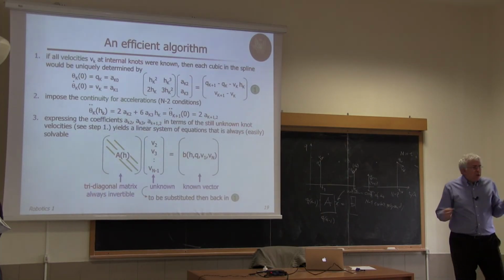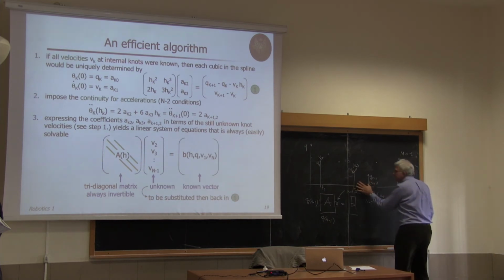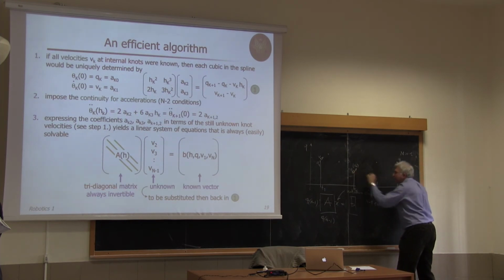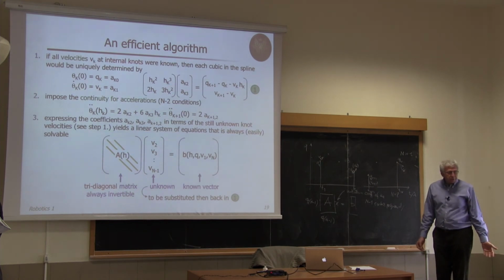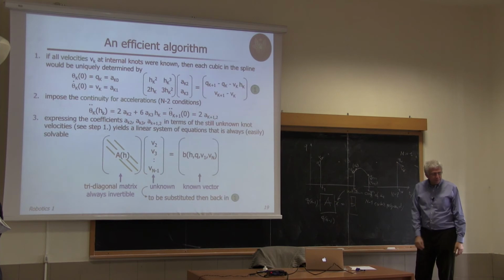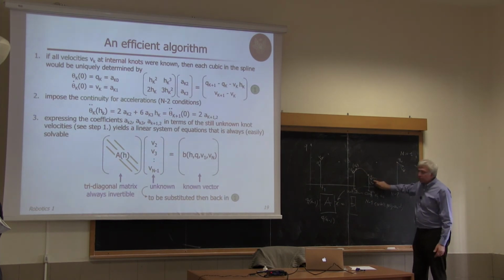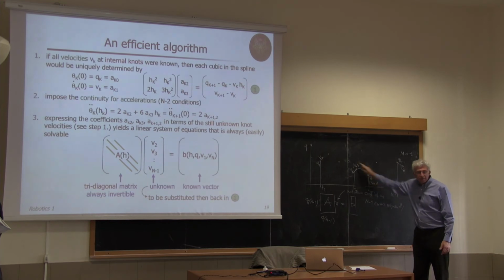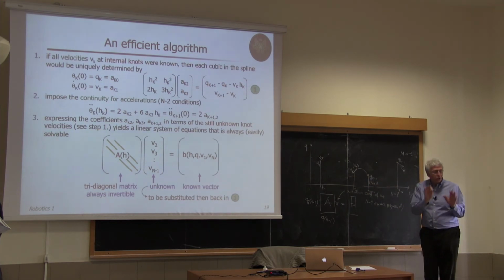So the problem would be completely decomposed. It's not relevant that this is the kth interval of many, because locally the cubic here is only defined by this boundary condition. So knowing the velocity at the knots would solve the problem cubic by cubic. The 4 coefficients are specified by the 4 boundary conditions locally there.